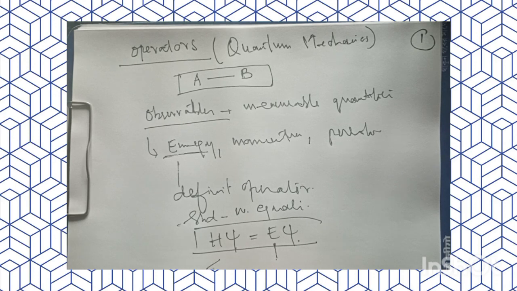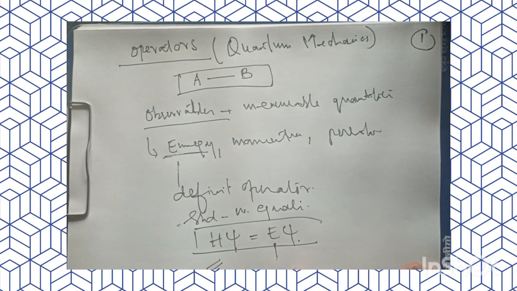With this Hamiltonian we have an operator associated with it, and we have an operator associated with the energy. If we go back to Schrodinger's equation, we have the Hamiltonian operator and we have the energy operator.